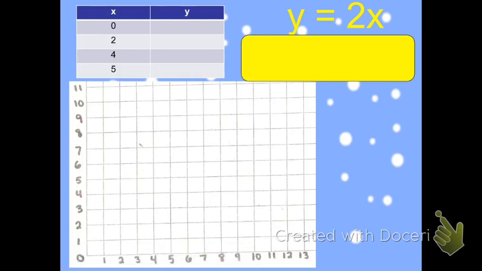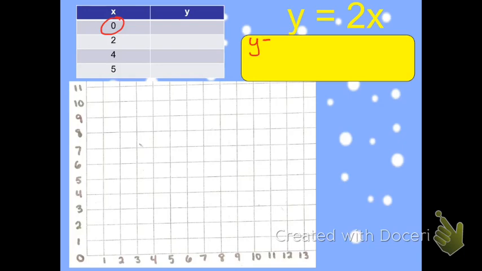The equation is y equals 2x. We've done these before where we have filled out some charts like this. So let's start by filling out the chart. So the chart shows us, in the first case, x equals what? 0. You see that? So remember how we did it. We take our equation and find yourself a little spot to write this.